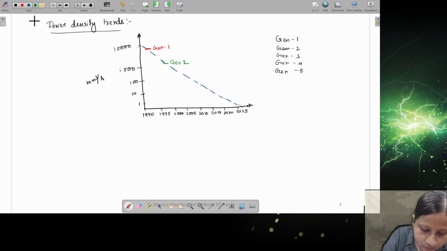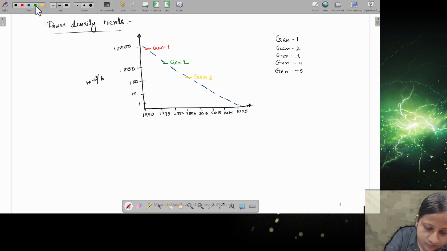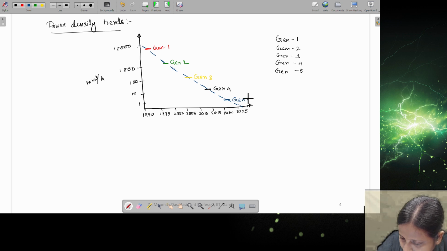Now after that there is around generation 3, now generation 4, and then we are going towards generation 5 here. Okay, so this is how this power density trend is.